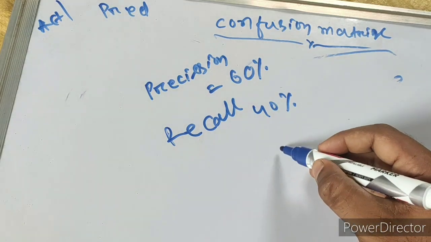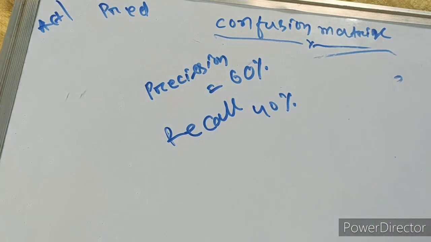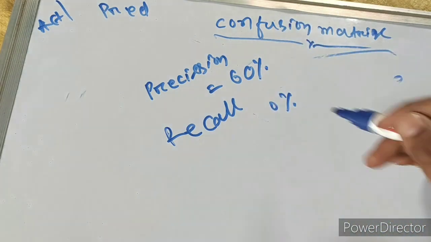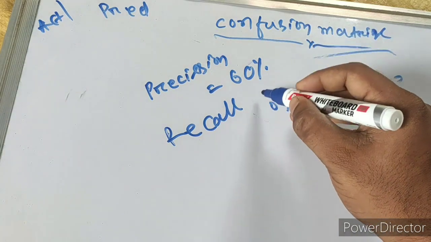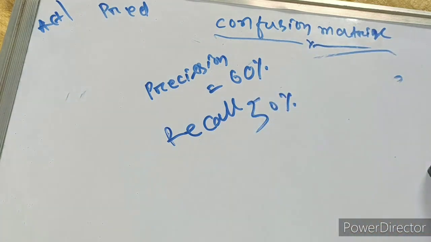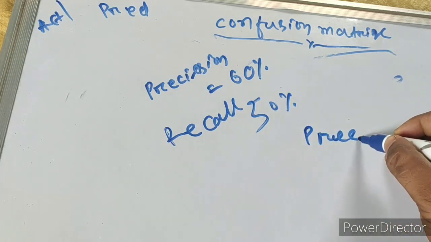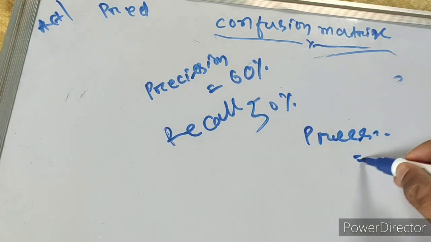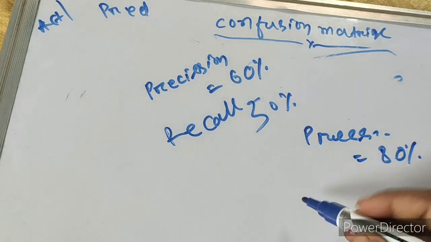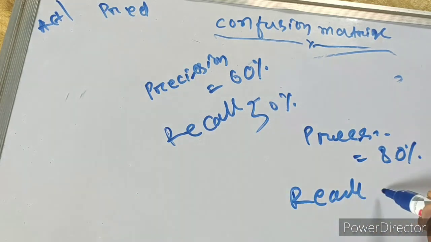In another model we got a precision of, suppose, 50%, and recall we are putting at 50%. In another model we found a precision of 80% and recall of 30%.